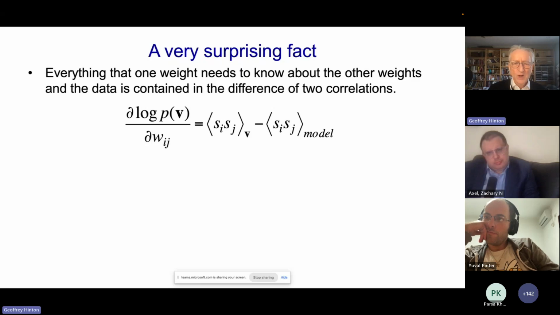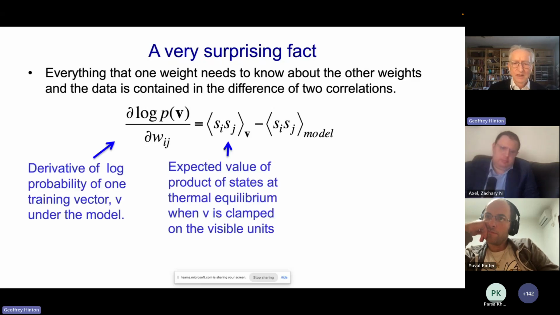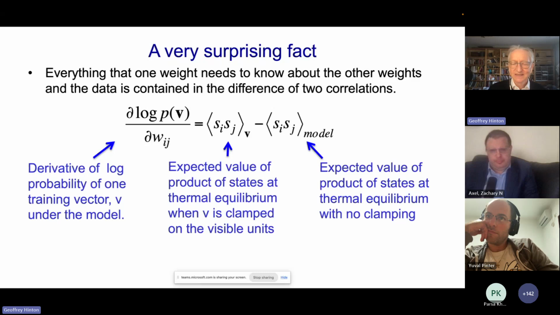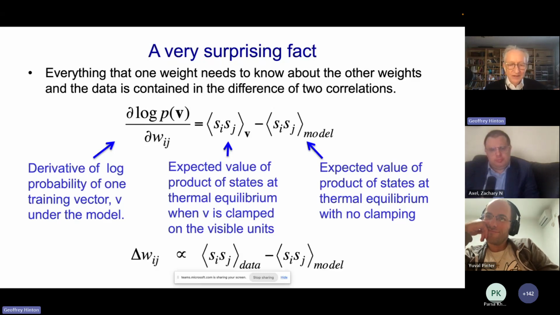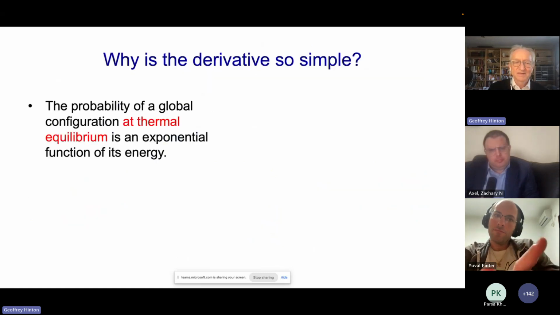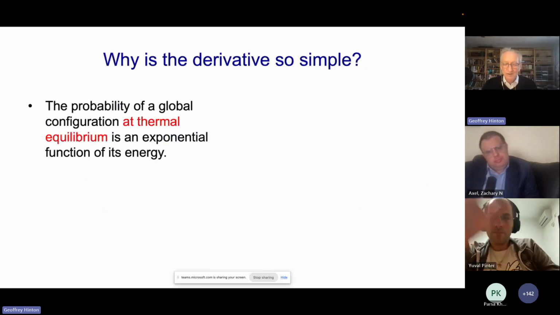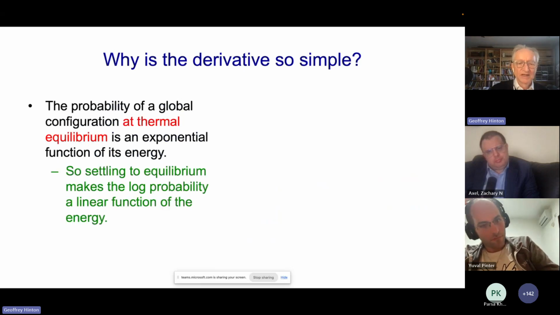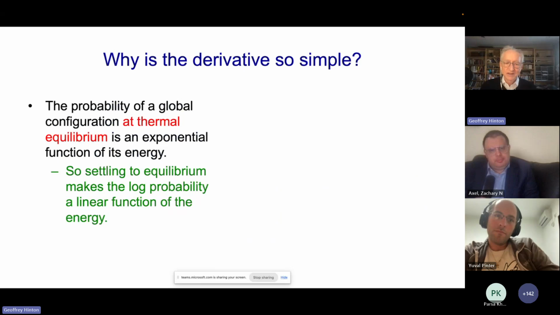Now you can ask, why is it so simple? The reason it's so simple, that the learning rule is just proportional to that difference in correlations when you're clamping the visible units or when you're not clamping them with data, is this. At thermal equilibrium, you have this magical property that the log probability of the configuration is a linear function of its energy.